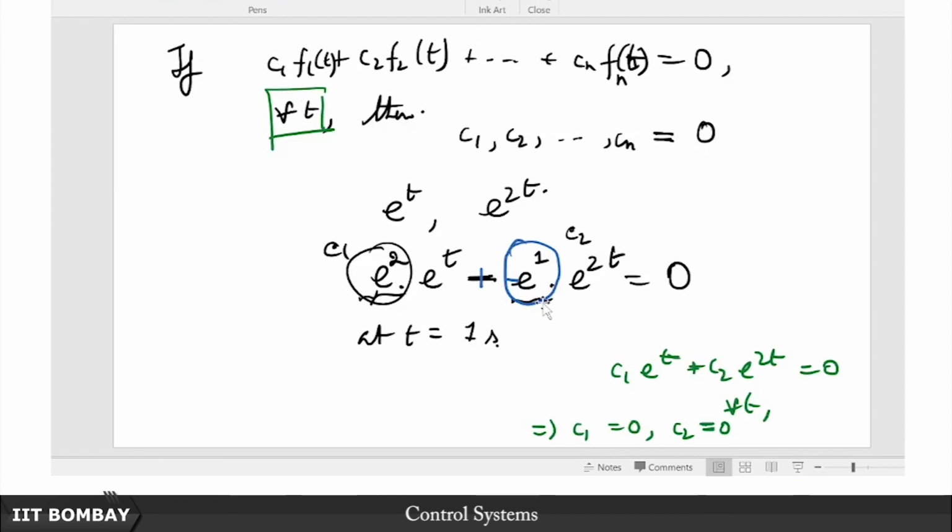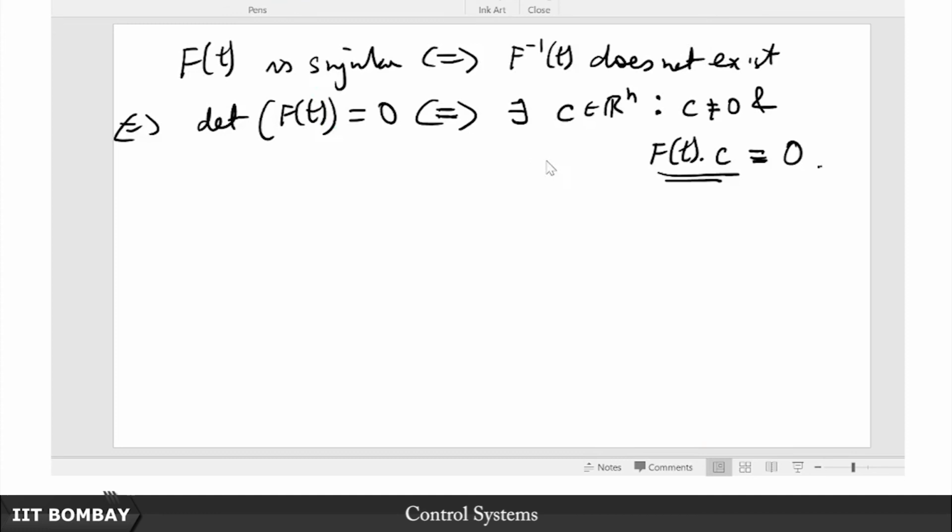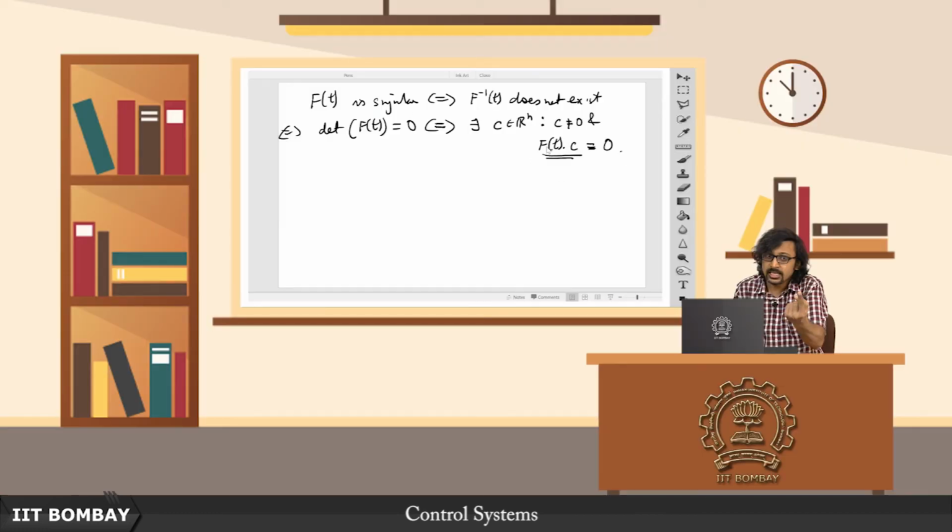If I am asked to check whether two functions are linearly independent, then I have to basically find whether there exists some non-trivial set of gains such that the linear combination of those functions can turn out to be 0 for all values of the argument, not just for any defective value of the argument. But here I see that if it fails to be non-singular for one value of t, it will be identically singular for all values of t. And why should that be the case?